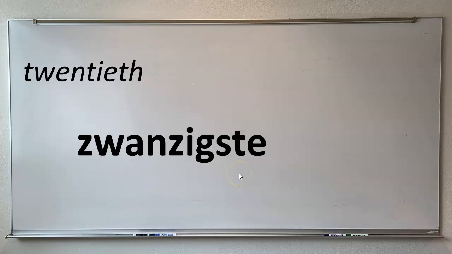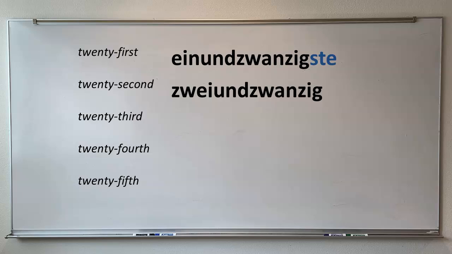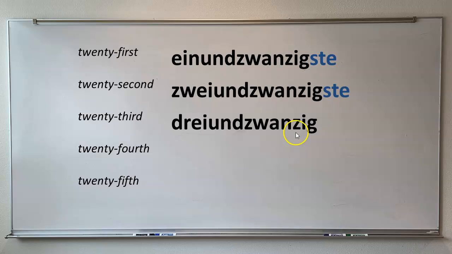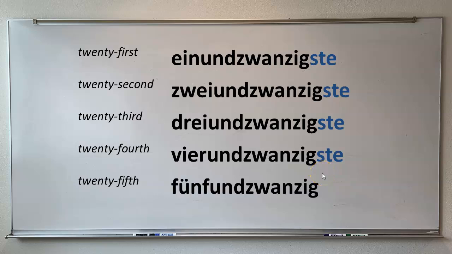So we have the 20th, zwanzigste. 21st, start with 21, einundzwanzig, add the STE, einundzwanzigste. 22nd, start with the cardinal number 22, add your STE, zweiundzwanzigste, the 22nd. 23rd, start with the number 23, dreiundzwanzig, add your STE, dreiundzwanzigste. 24th, start with the number 24, vierundzwanzig, add the STE, vierundzwanzigste. 25th, start with the number 25, add your STE, and there you have your ordinal number, 25th.